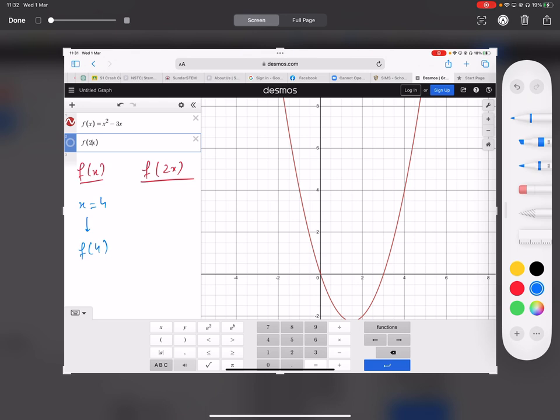Now what value of x would I need to input in this second function to get that same value? सेकेंड फंक्शन में मुझे वो सेम रिजल्ट किस पे मिलेगा, x इक्वल्स 2 पे मिलेगा. तो 4 वाला पॉइंट कहां चला गया, 2 पे चला गया.